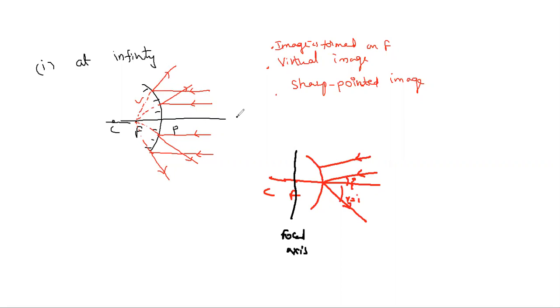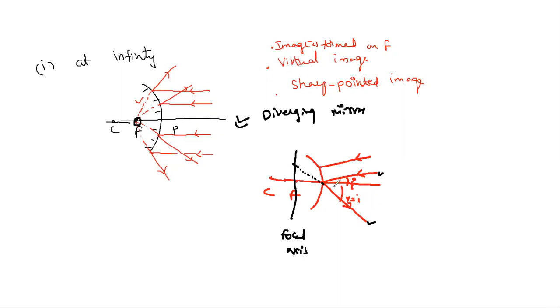Since I forgot to tell one point, a convex mirror is acting like a diverging mirror. Clear? And all the rays are diverging from the focus. Here also the rays will diverge from the focal axis. Now to get the diverging point, I am extending this incident ray which is making some angle with the pole.